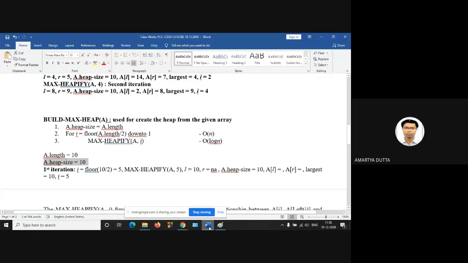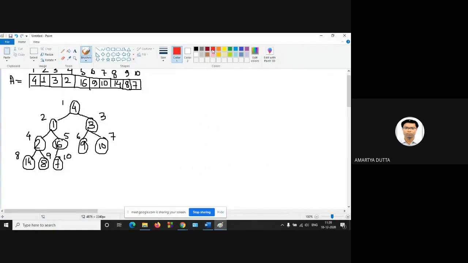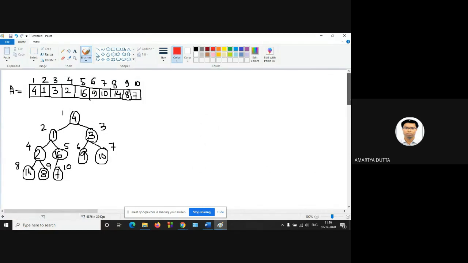Now i equals floor of A.length divided by 2, down to 1. So 10 divided by 2.